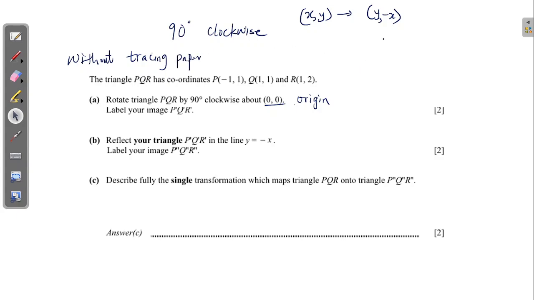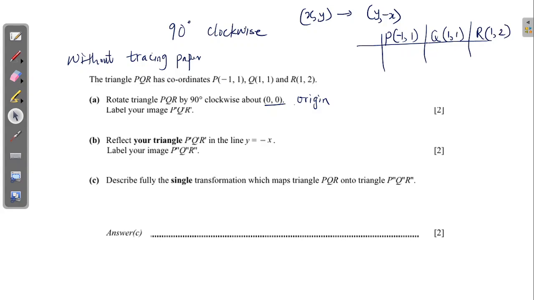So I can just do it right here like this. So this is my point P. My point P is (-1, 1), right? Then my point Q is (1, 1). Then my point R is (1, 2), right?